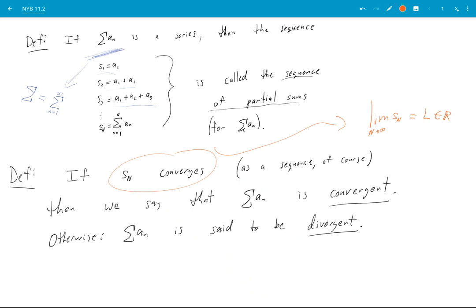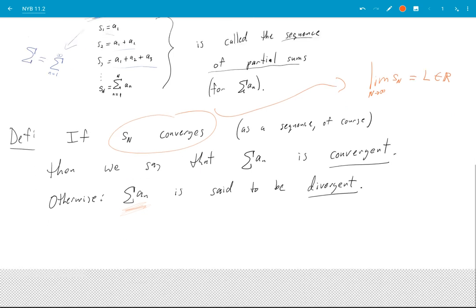So it's all getting kind of mixed together, okay? You have the idea of a sequence, you have the idea of a series, and if you want to talk about the convergence of a series, then it turns out, at least with our approach, we're going to be investigating the convergence of some corresponding sequence.